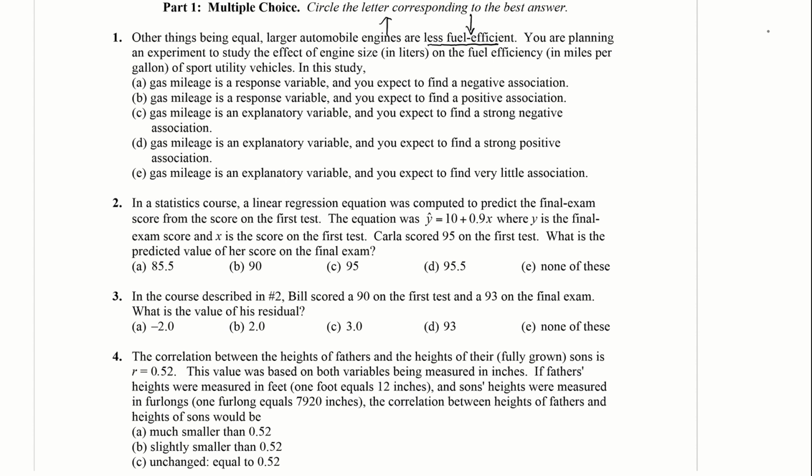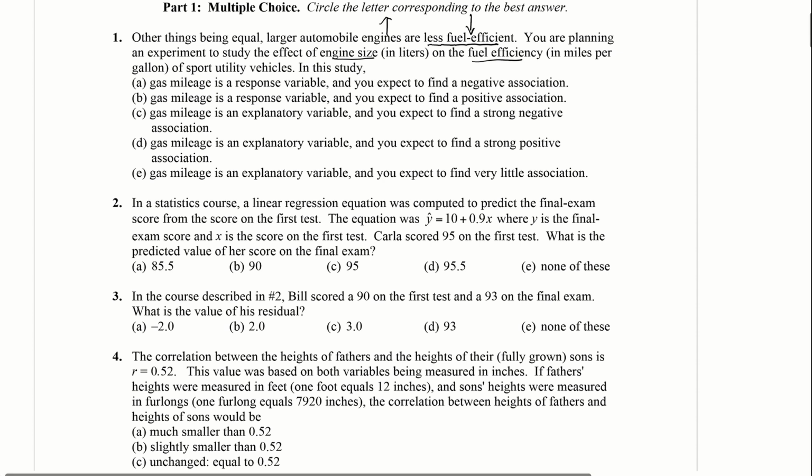Well, in this study, the explanatory variable is the automobile engine, as that is going to help us predict the fuel efficiency. The fuel efficiency, or the gas mileage, is the response variable, okay?